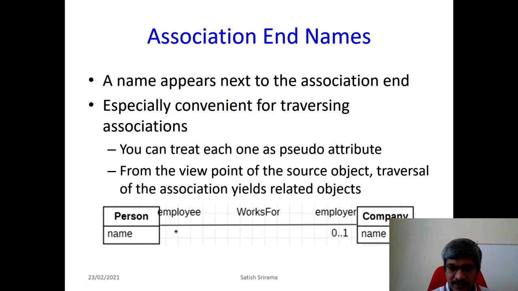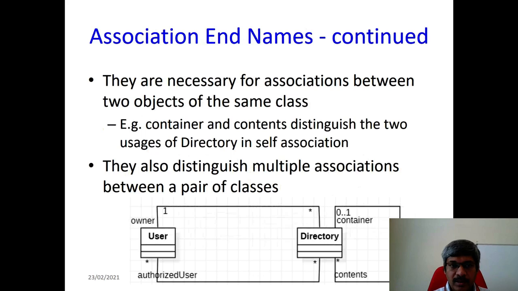Associations also have end names. They are especially necessary for associations between two objects of the same class. Say for example, here is a class diagram where we have a user and a directory, and there is an association from directory to the directory itself. It is called self association. Say for example a directory may be a container which has several other directories within it.